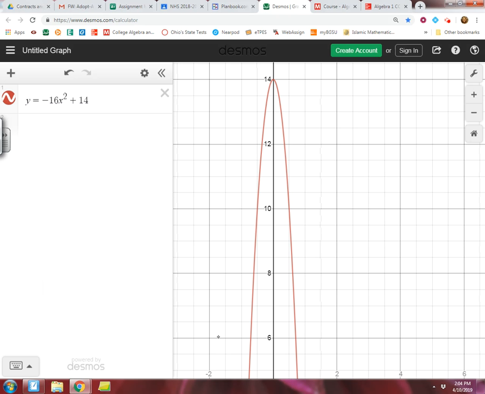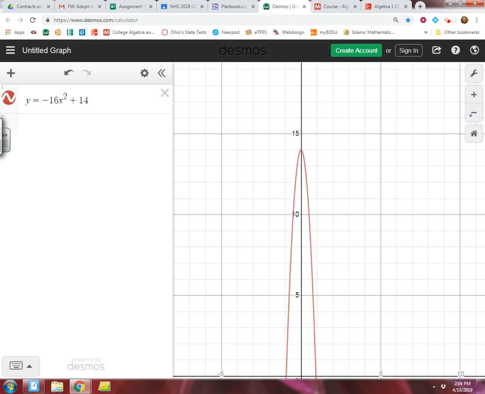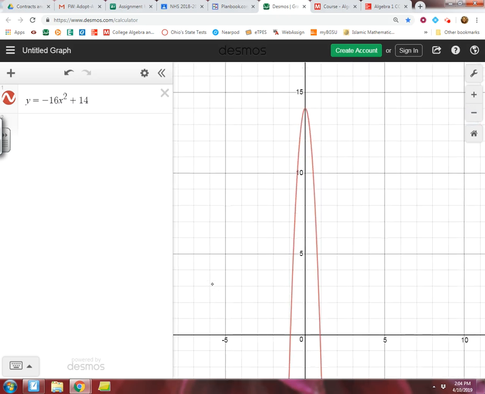Okay, so here is the picture of this situation. How we doing? What's the height in, like the units?